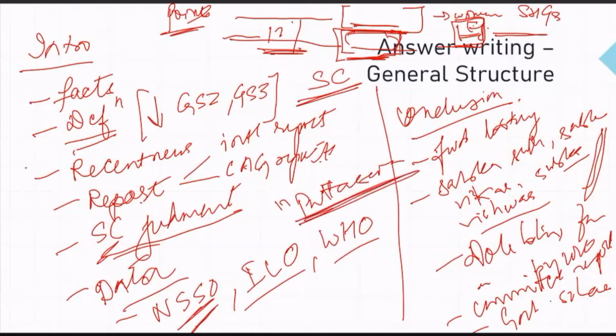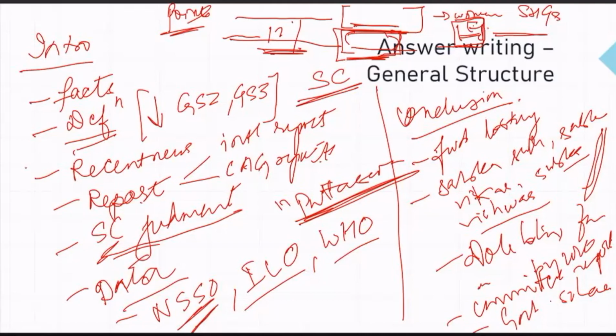Don't forget to underline it, because it will make the examiner actually read that stuff. So by underlining, you guide the examiner what to read and what not to read. So you can basically hide your mistakes by underlining your good stuff. Okay, this is how you do answer writing.